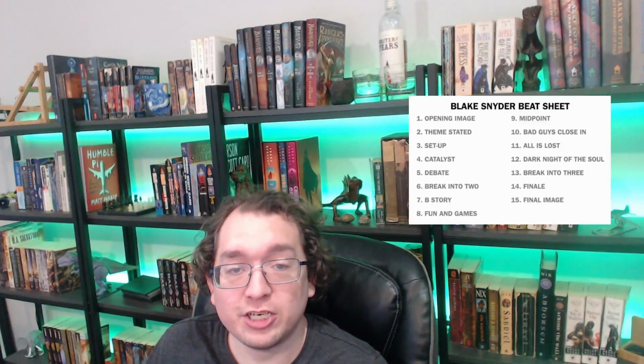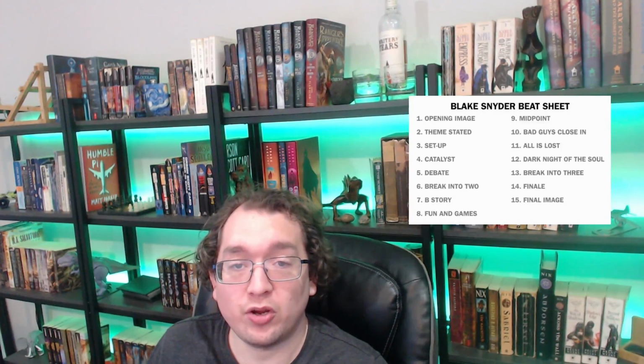So then we move to Act 3, break into 3. It's a continuation of the Dark Night. The hero now knows how to fix the problem, and now they're going about getting prepared to do that. It's the inmost cave in the hero's journey. The tension is raising, they know what they need to do, and they're getting to that finale, which of course is the next point.